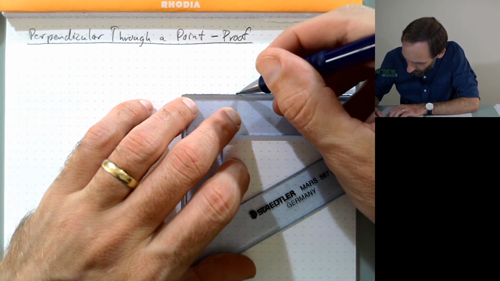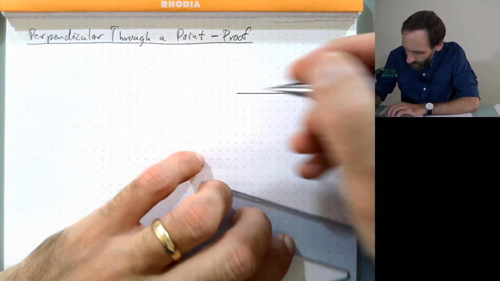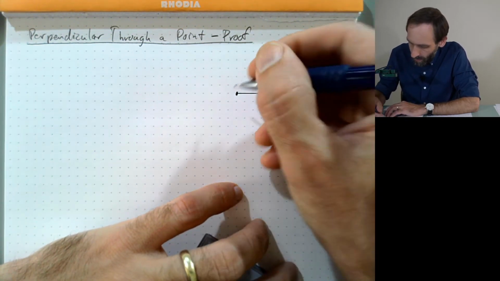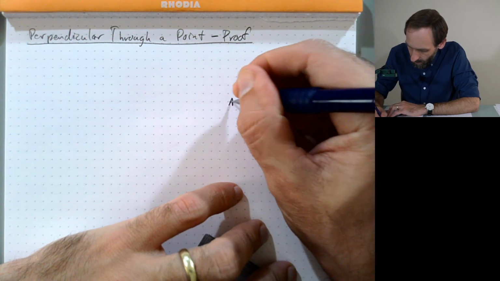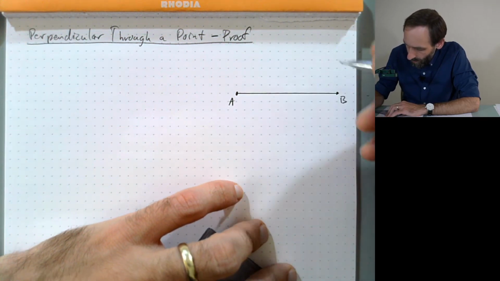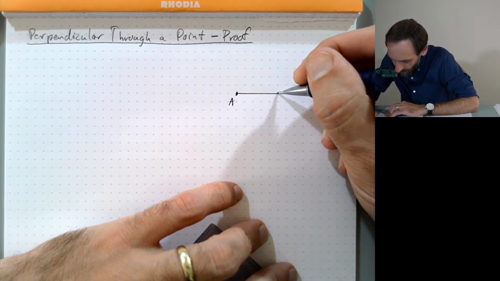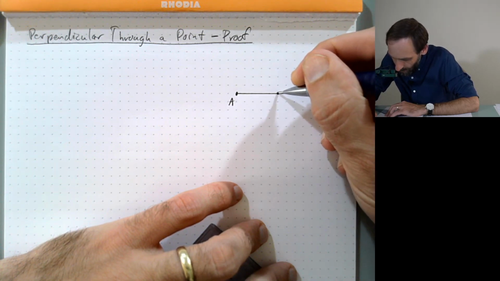So here we go. Here's my line. Okay, I'll go ahead and call this line AB. And then I need to pick a point on AB, and I'm going to pick a point that's definitely not exactly in the middle.